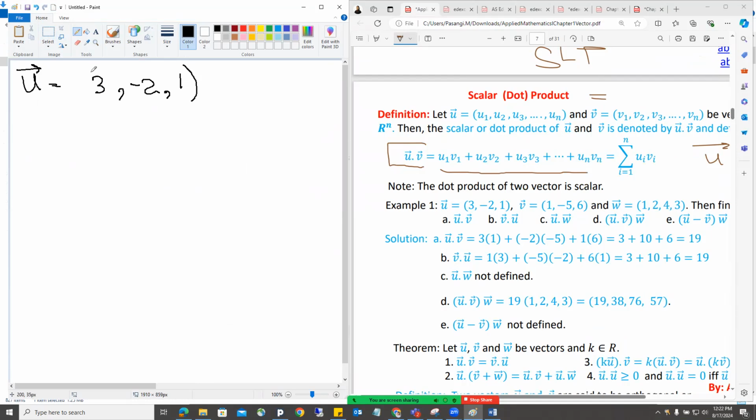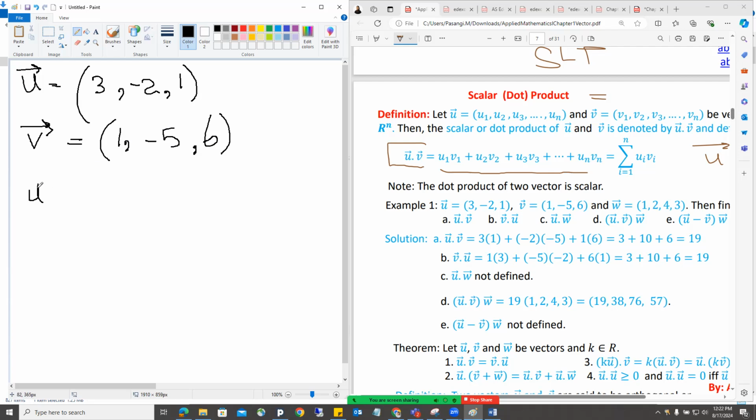This one is a 3D vector. And vector v is 1, minus 5, 6.